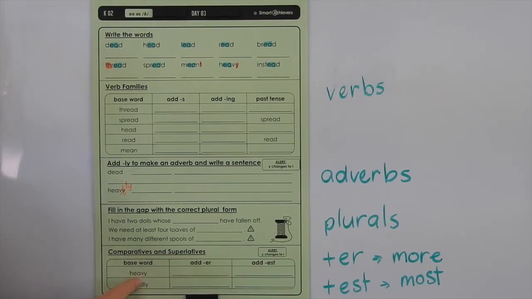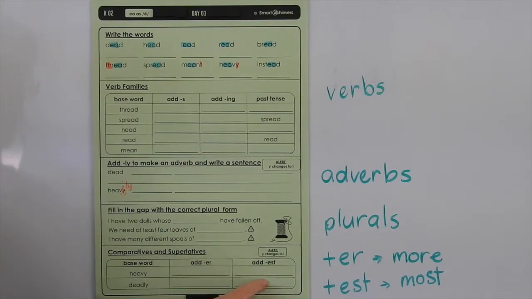We do have a consonant before the Y in both words, so that means before you add the ER, you're going to change the Y to an I and then add the ER. Here, you're going to do the same. You're going to go from heavy, heavier to heaviest, change the Y to an I before you add the EST. Same with deadly, deadlier, deadliest.